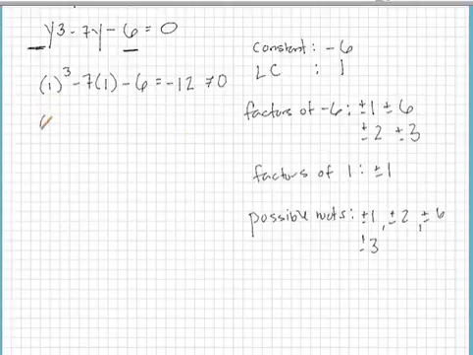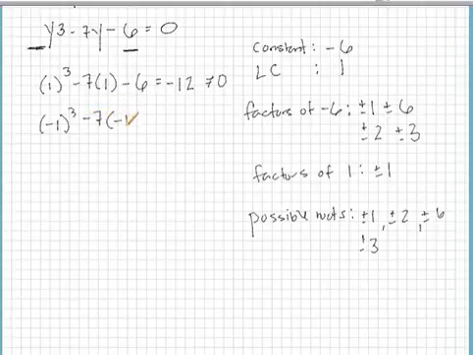If we input negative 1, we will get negative 1 cubed minus 7 times negative 1 minus 6. And if we do some brief calculations, we'll see that that does indeed come out to 0. So negative 1 is one of my factors of this equation.